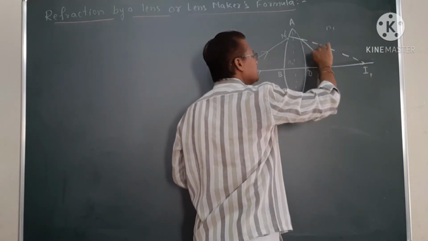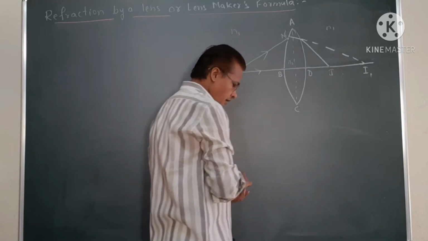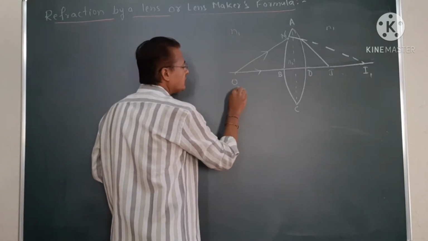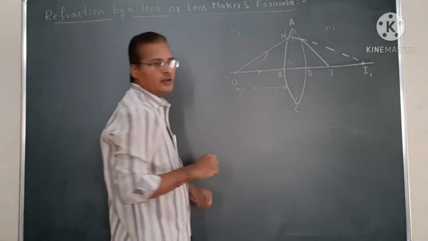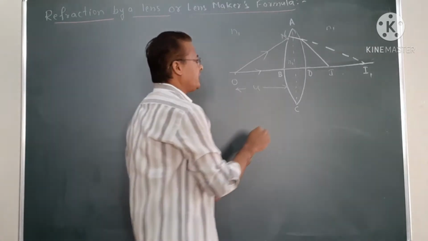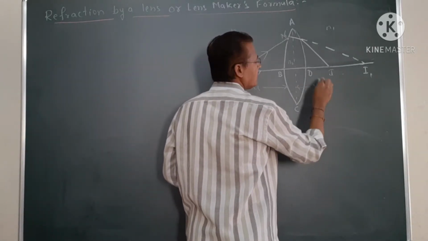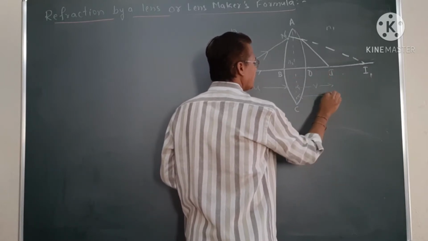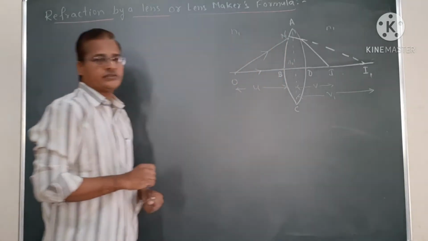And then this is I, the real image. As we know, the distance from O to the optic center is called the object distance. Again, the image distance is from the optic center to the image, and V1 is from the optic center to I1.